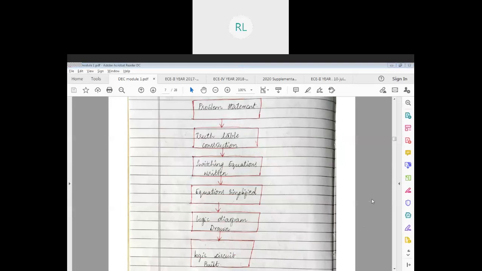How many of you have noted down this flowchart, can you please raise your hand? You have an option where you can raise hand in your WebEx. Can you please raise your hand if you have drawn this flowchart? Good.